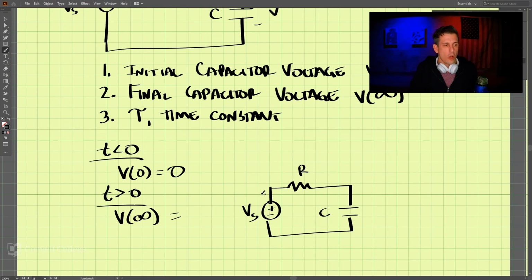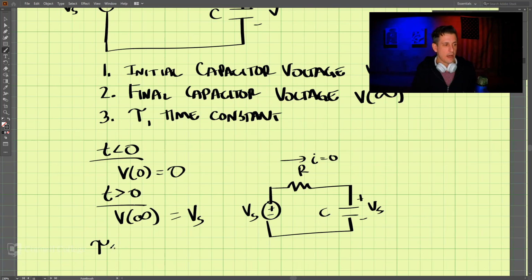At t infinity, no current is going to be flowing, and the voltage across here is going to be equal to this source voltage. So we have Vs as our value at time infinity.